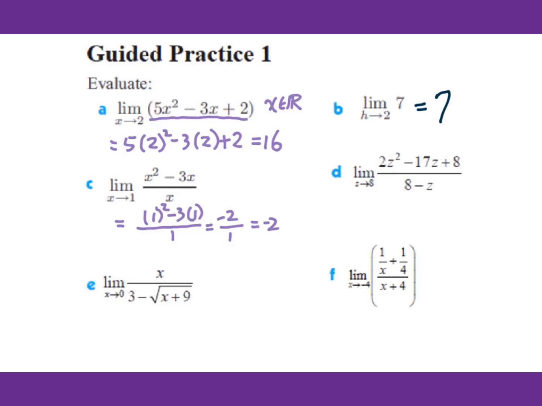Let's go to D. When we plug in this 8 into this function, you will get the denominator is 0. So it's undefined when you do direct substitution. Therefore, you need to do factoring. Quadratic function, we do the ninja method.